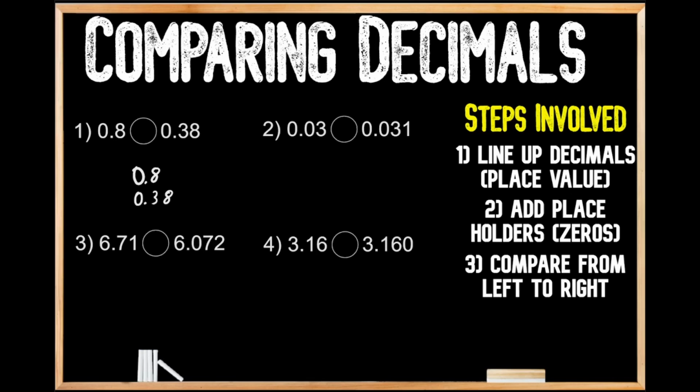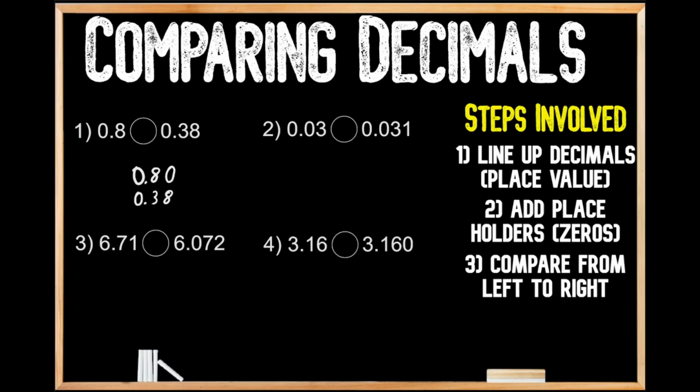If we find that we have an empty space like this after aligning our decimals properly, we can add a placeholder 0. We can do this because when you add a 0 to the right of a decimal, it doesn't change the value of that decimal.